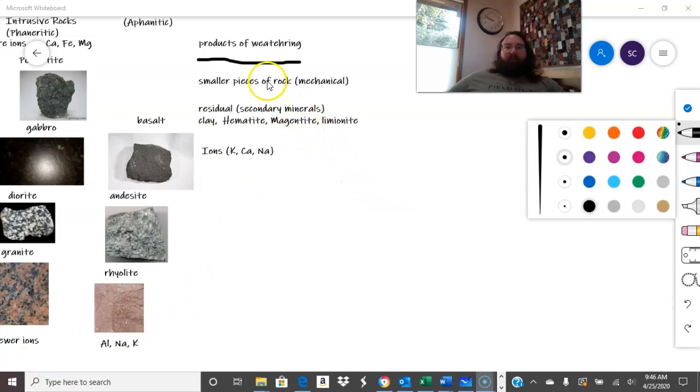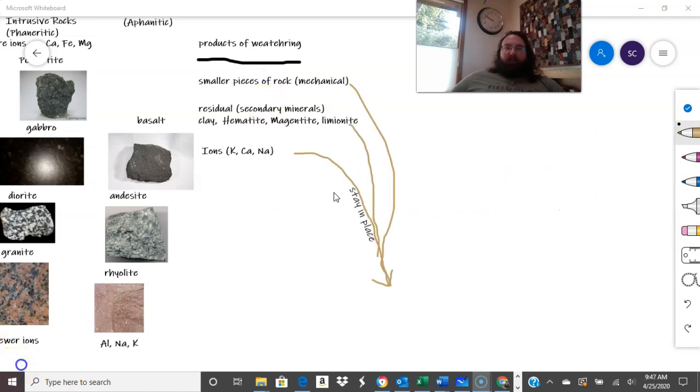So if you take all these weathering products, you might notice I've also rearranged them. You'll see the philosophy behind this in a moment. If you take all of these and they stay in place, the type of sediment you'll get will be called a soil.